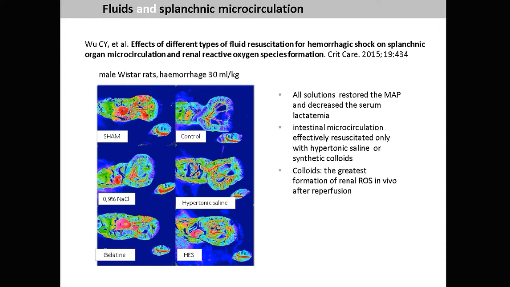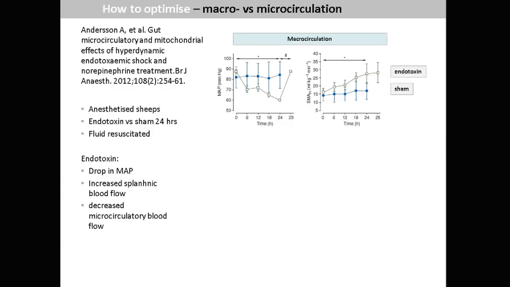However, colloids were associated with greater formation of renal reactive oxygen species in vivo after reperfusion, so there are pros and cons, good effect, negative effect, and it's not that conclusive.